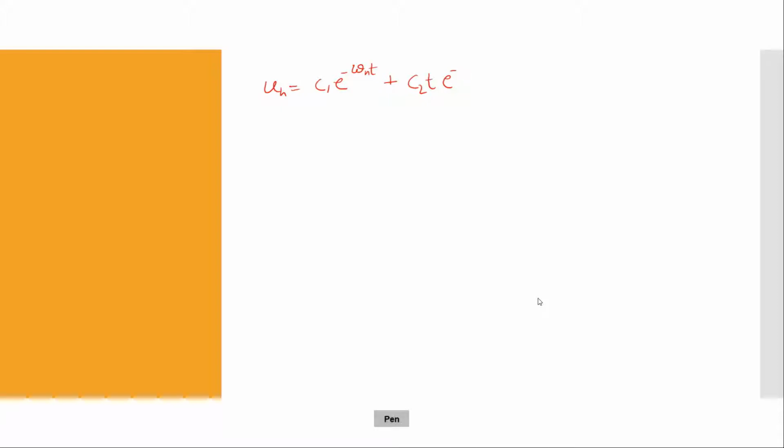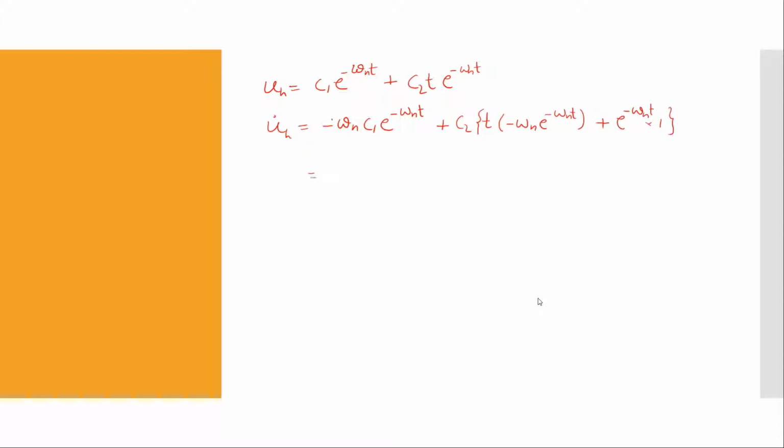If we want to find u dot of h, we differentiate it: minus omega n c1 e to the power minus omega n t, plus, since c2 is a constant, we take it outside and differentiate the product u v. Let u be t and differentiate it, giving minus omega n e to the power minus omega n t, plus v, where e to the power minus omega n t is v and the derivative of t is 1.